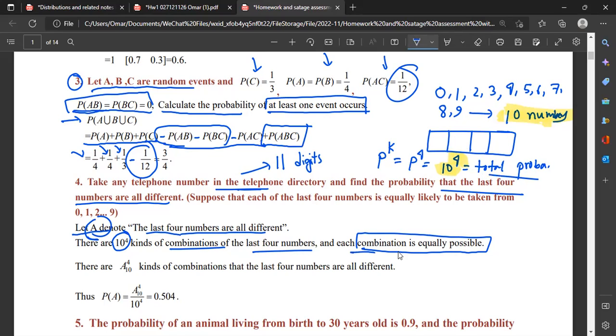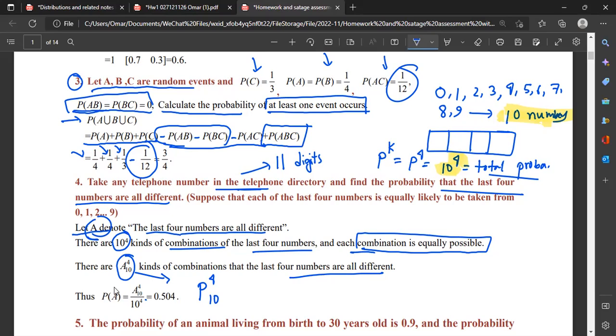Each combination is equal. So here we take permutation: we take 4 numbers out of 10 numbers. There are P(10,4) kinds of combinations where the last 4 numbers are all different.